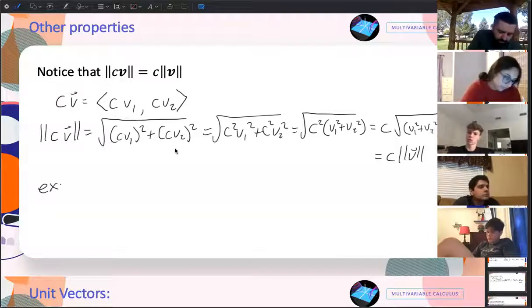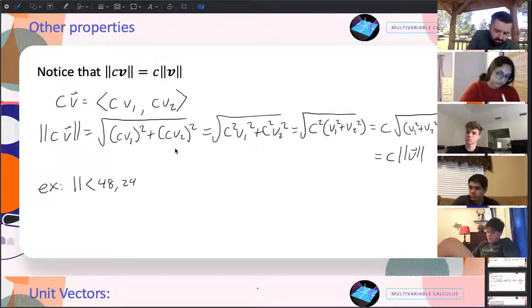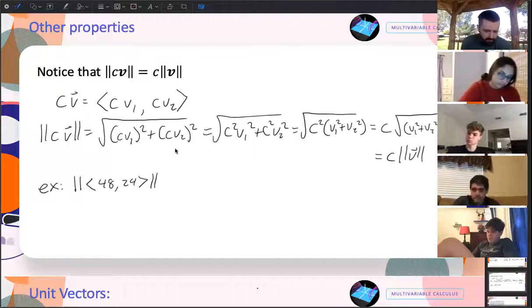This is helpful in certain formulas, but also just in mental math. Say we wanted to find the magnitude of 48, 24. Some of you may be very good with squaring larger numbers. But this is the same as 24 times the magnitude of 2, 1, which is pretty easy to do in your head.